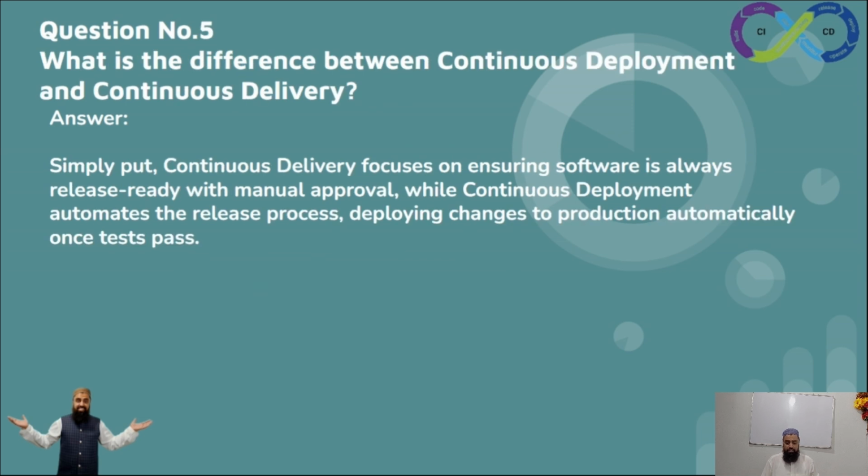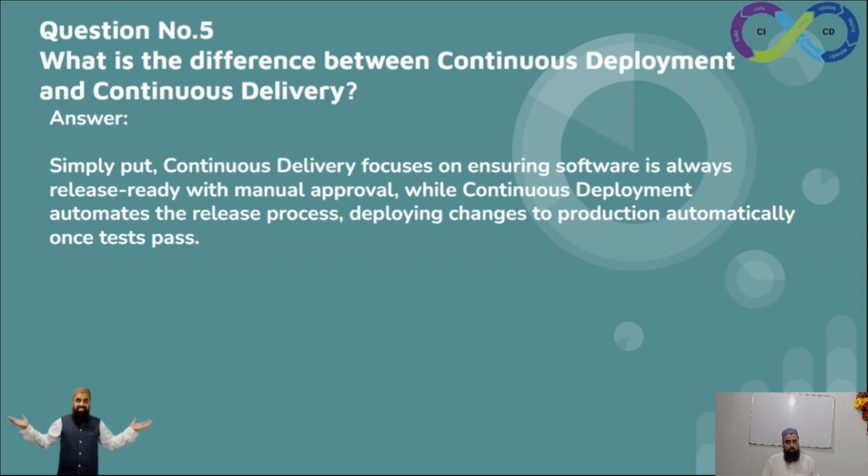Question number 5. What is the difference between continuous deployment and continuous delivery? We know continuous integration is related to code compilation and code building. After that, we have that artifact, and we are going to deploy that artifact. There are two mechanisms, two ways to deploy.